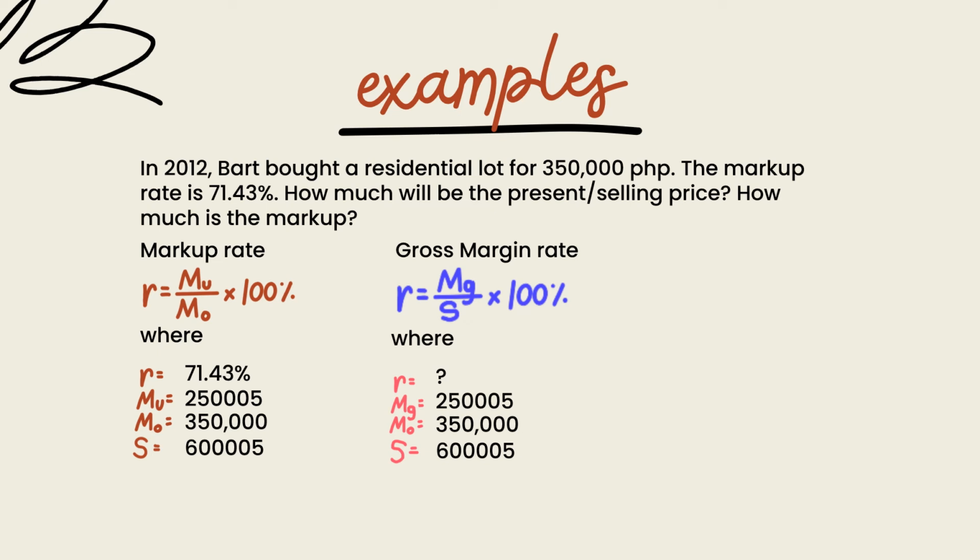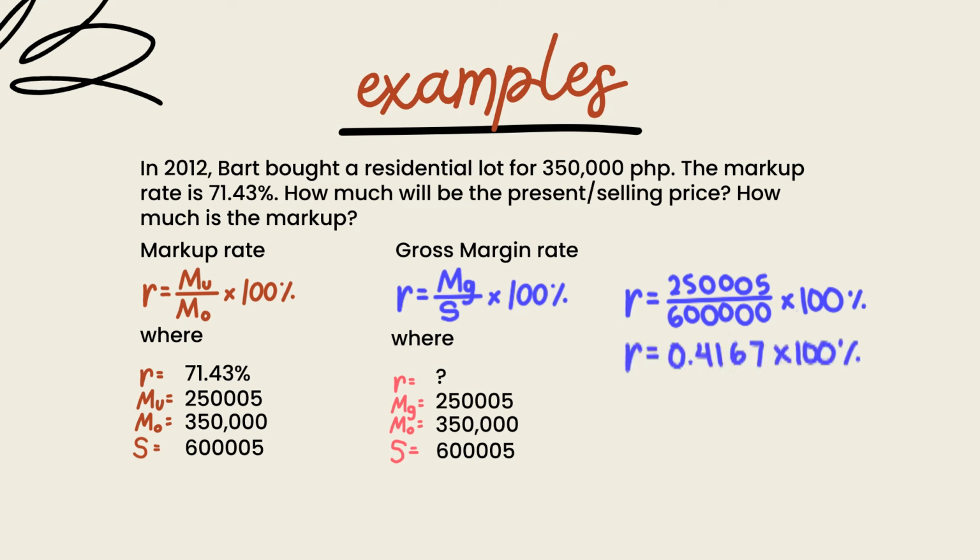So, let's perform the formula. So, you have R is equal to 250,005 over 600,000 times 100%. Kasi M sub G over S. So, palitan nyo lang sila. So, that would give us 0.44167 times 100%.